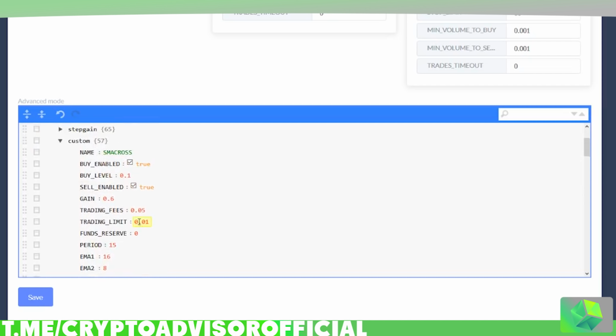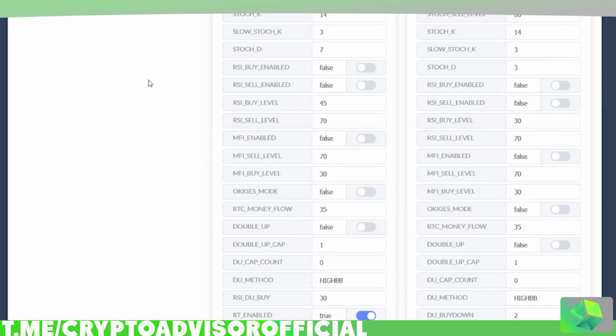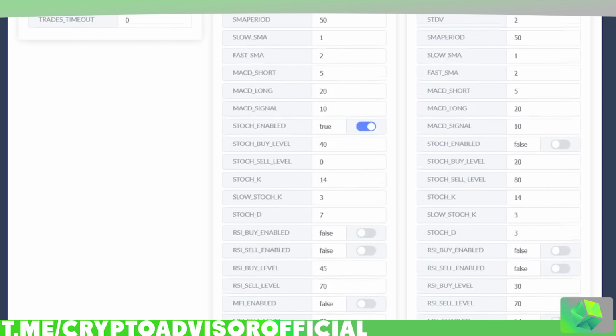You can really get some interesting settings based on very specific movements in the market with your own custom indicator on Gunbot. And this actually lends itself more to a Hasbot feel on Gunbot. I'm really seeing the direction of Gunbot going towards Hasbot because now we're getting more overall broad strategies such as TSSL.